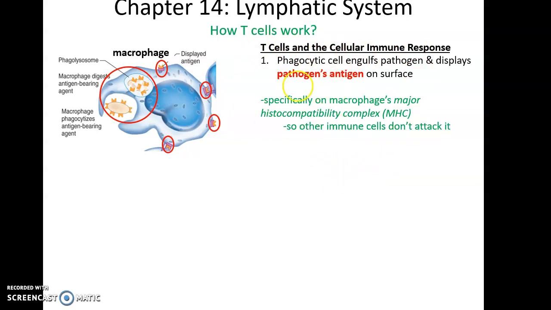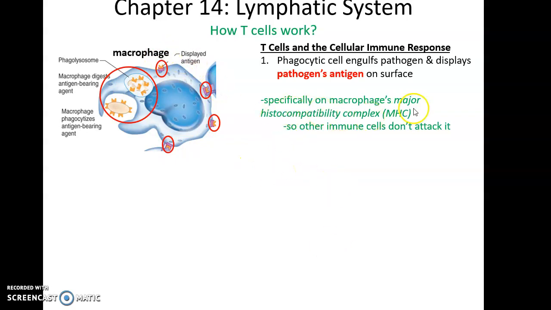Well, strangely enough, it starts off with macrophages. So macrophages, neutrophils, the phagocytic cells that engulf pathogens, after they engulf and break down that pathogen, they will actually show on their surface antigens from that pathogen. So when they break up a bacteria, tiny pieces of that bacteria end up on their surface displaying these antigens.